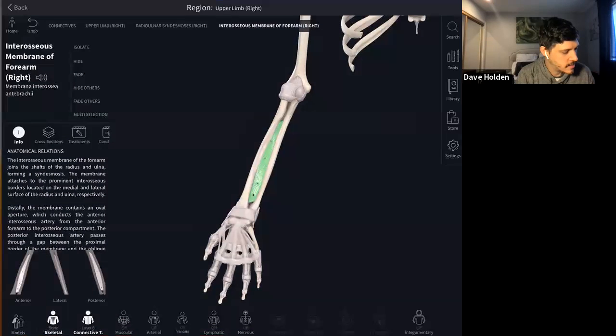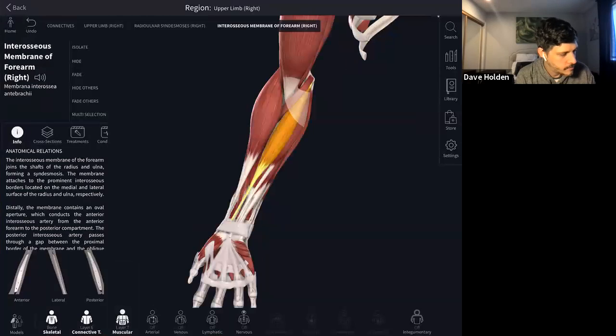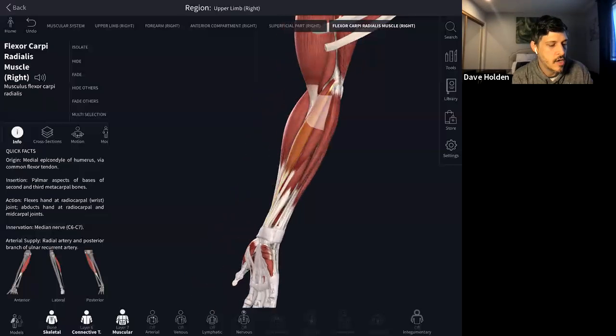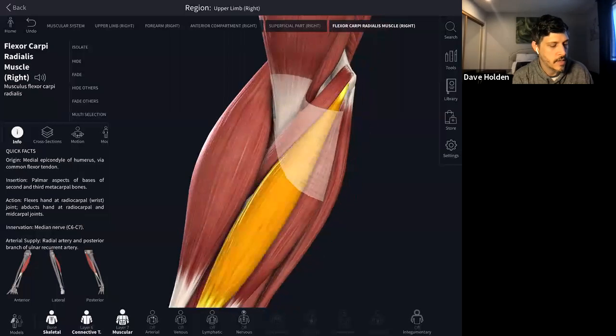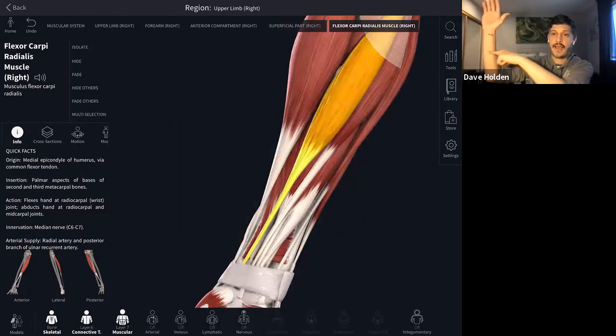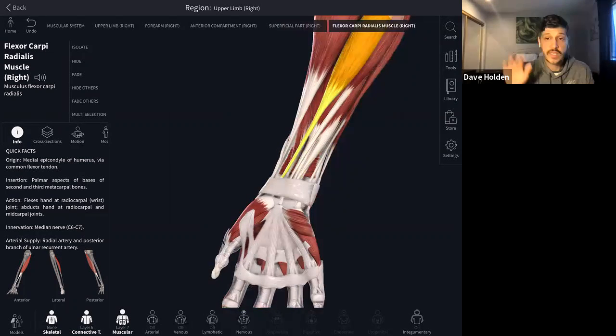Let's see if I can get these to show up. So here's our first muscle, flexor carpi radialis. We see it, as with all the flexors, share that same origin. This muscle will cross the forearm. They become tendon about halfway down. We tuck under the flexor retinaculum, remember, because that thing holds everything down.